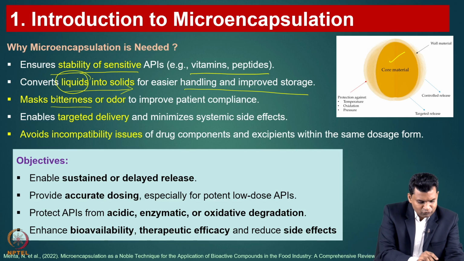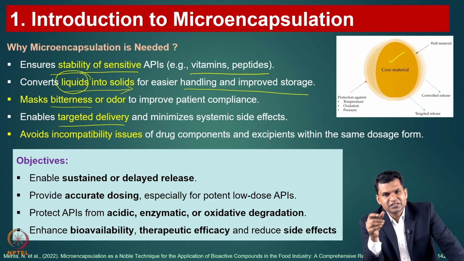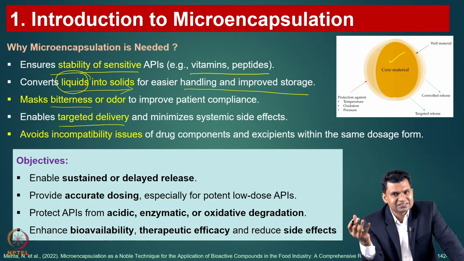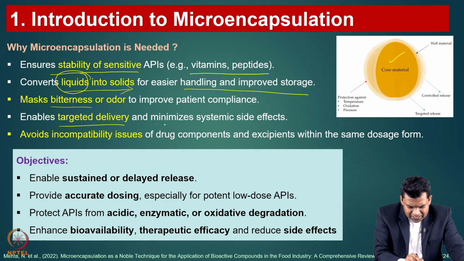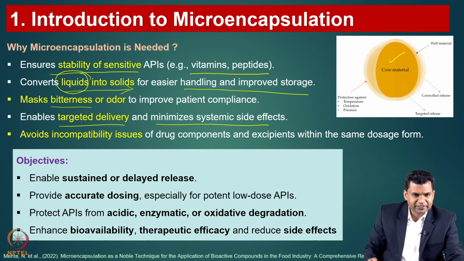And if you would like to target a particular site by using pH sensitive polymers and temperature sensitive polymers as coating materials, your active ingredient will definitely reach the particular site and there your drug will be released. This is called targeted delivery. With that you can avoid side effects by using microencapsulation.